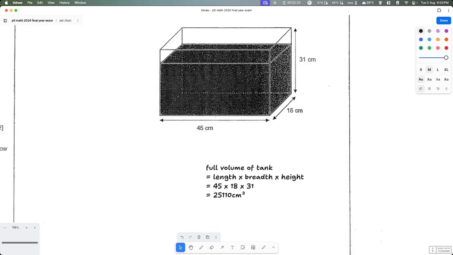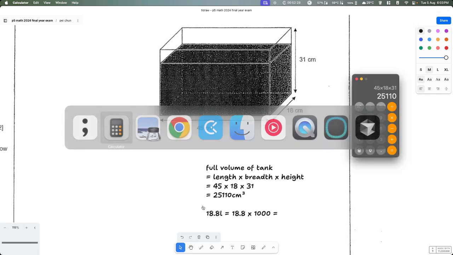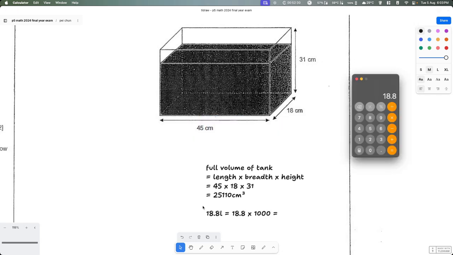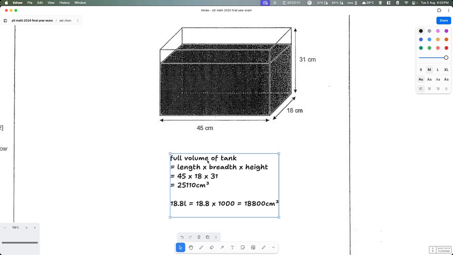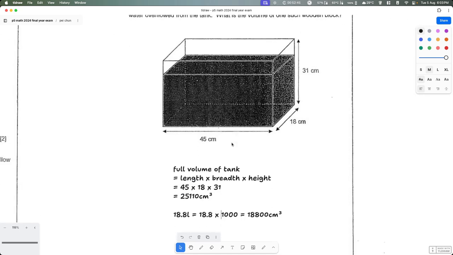So 18.8 liters is equal to 18.8 times 1000. So I'm just going to use the calculator. Multiply by 1000. This will be 18,800 centimeter cube. Okay. So now we know the full and we know what is currently filled.